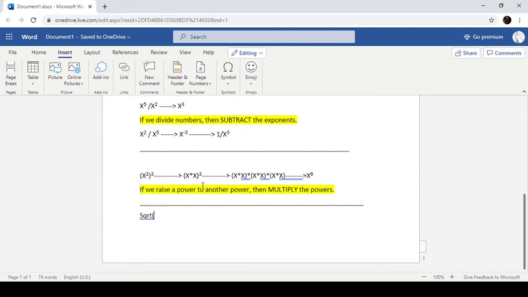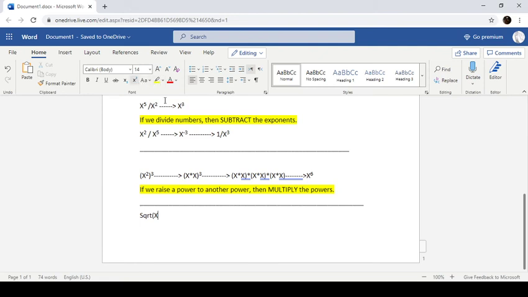So if I have the square root of x to the 6th, remember, this would be a root symbol, like a crook, with a 2 in there.